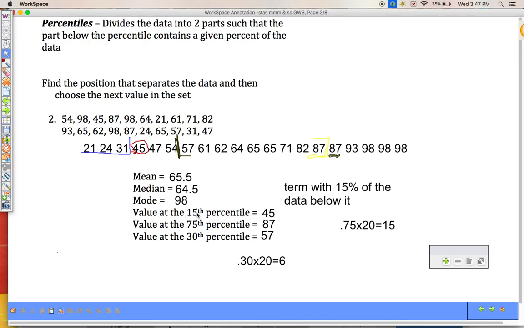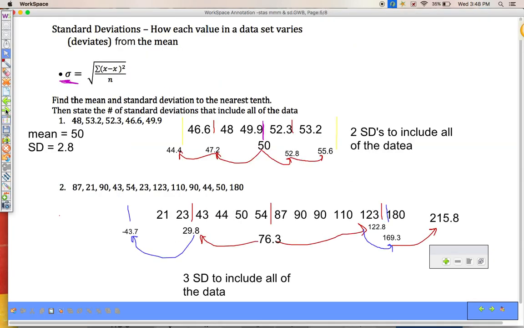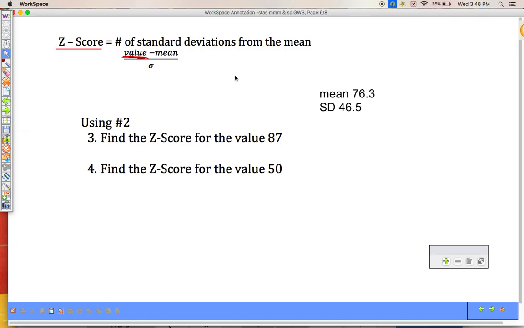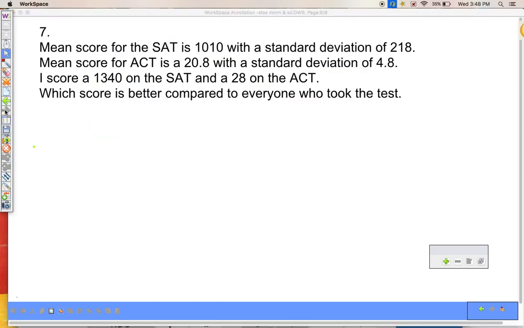For the 15th percentile, we find the third term, since 3 terms is 15%, and then I want the next one. For the 75th percentile, I took 15 terms and picked the next one. So a percentile is a term that has that percent of the data below it. Then you calculate how many standard deviations it takes to get outside of your values, and z-score is the number of standard deviations away from the mean. Those are the concepts we need to know.